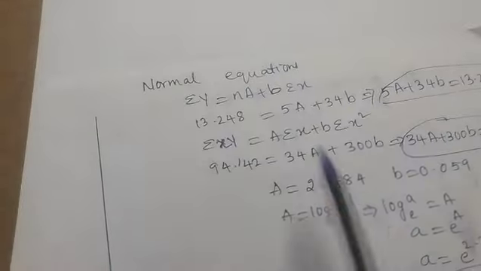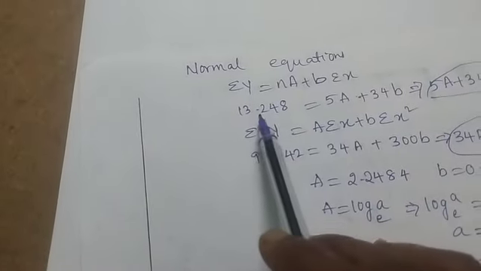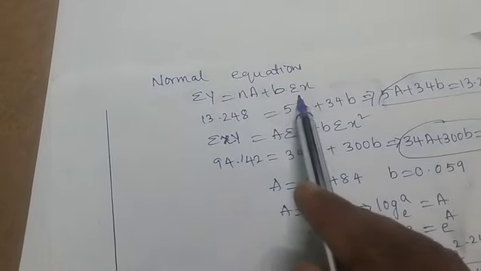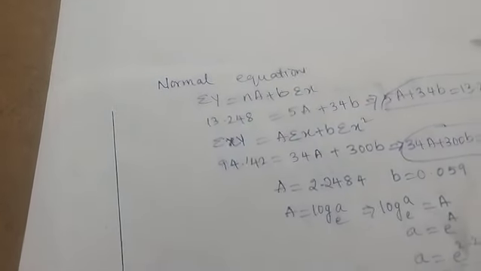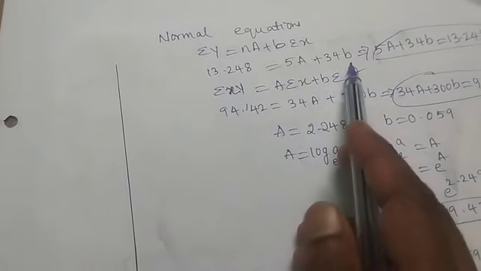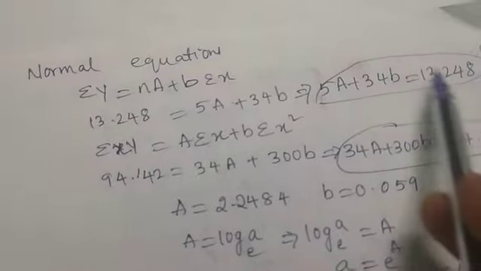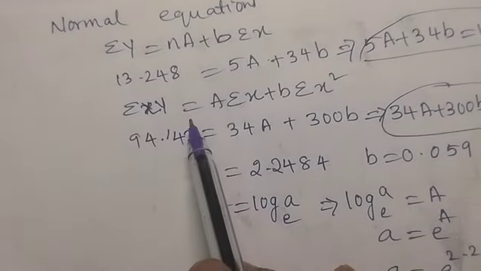So that's why n value is 5. Next, summation capital Y is 13.248, and summation x value, small x value, is 34. So that's why I wrote here 34. So this equation becomes like this: 5a plus 34b equal to 13.248. So this is the first normal equation.